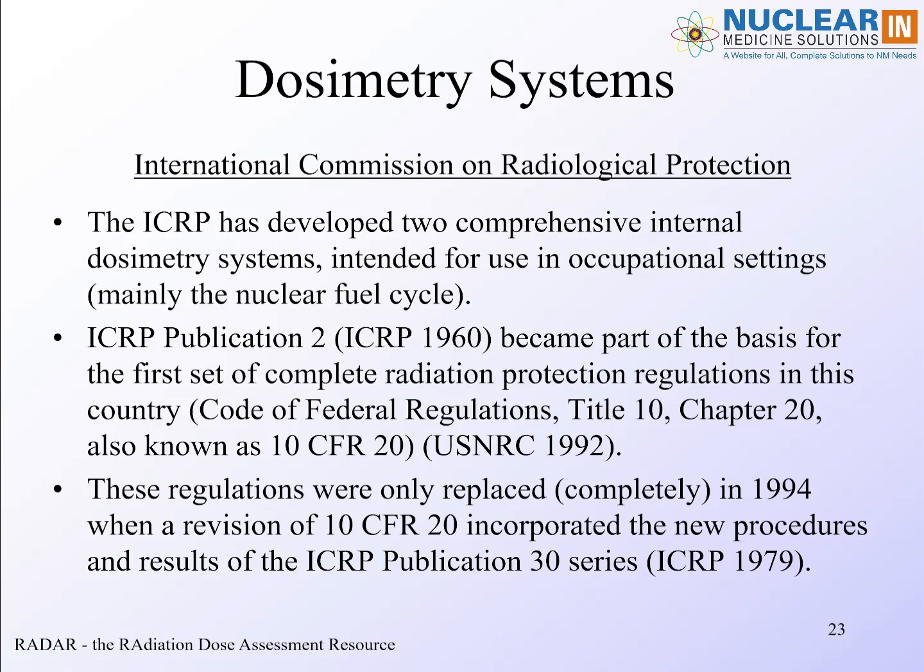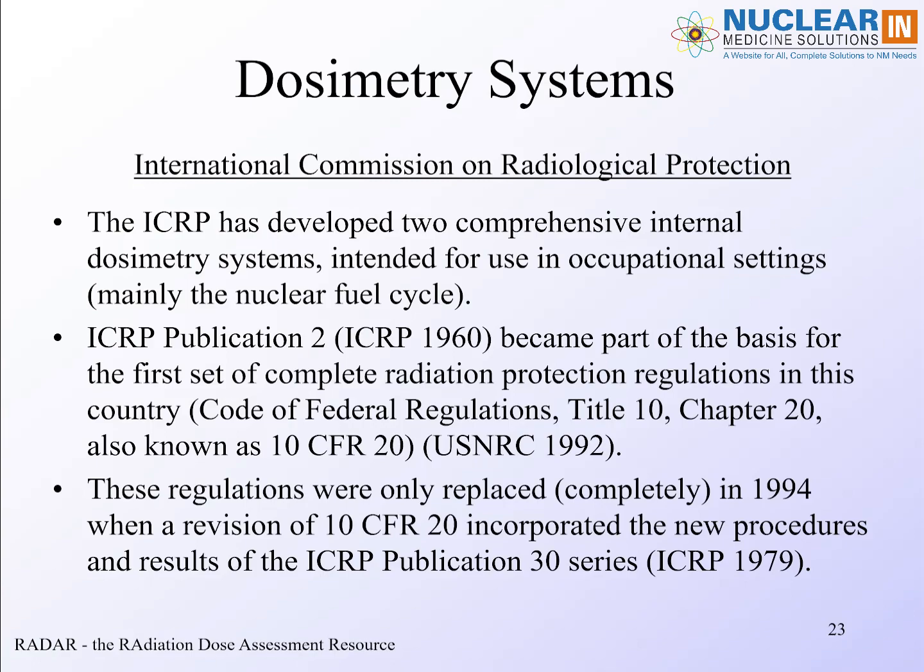But for radiation workers, we have dose limits, and the original ICRP2 was the basis for the United States Code of Federal Regulations, Title 10 CFR, Part 20, 10 CFR 20, and this was replaced with the ICRP 30 series.